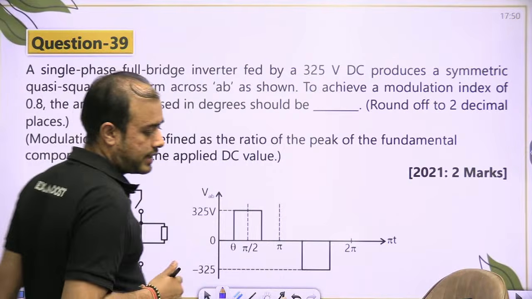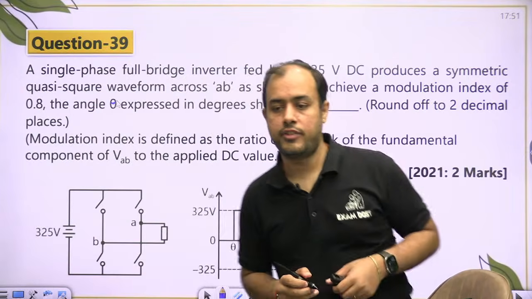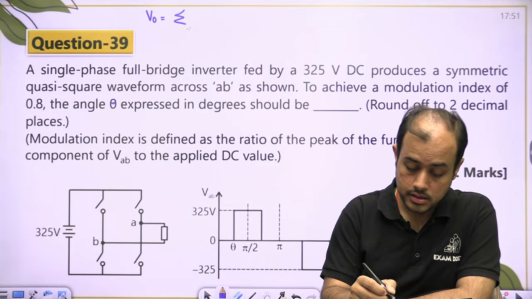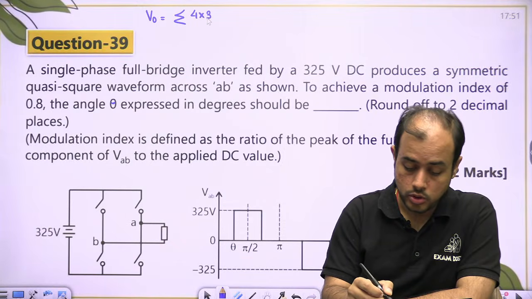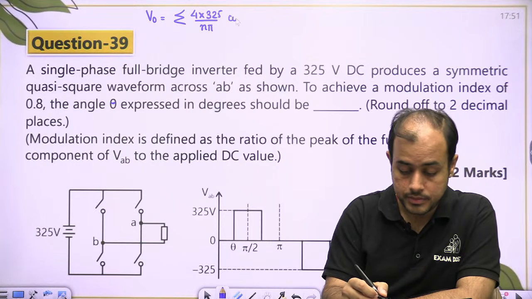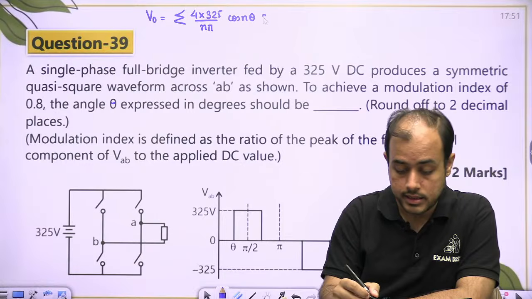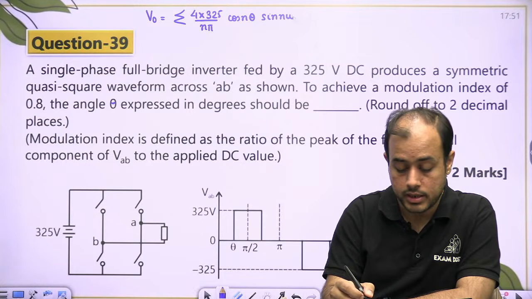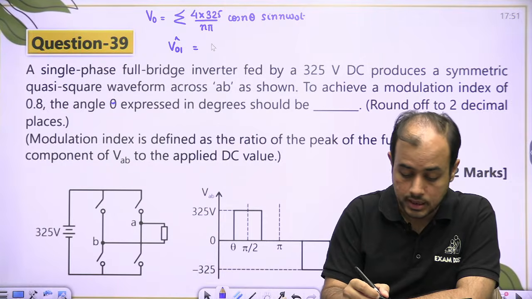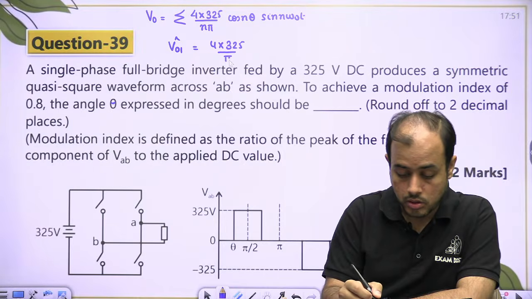देखो भाई, again this is a quasi square wave. 4 into VDC by n pi cos n theta sin n omega naught t. So what is the peak of fundamental? cos theta?